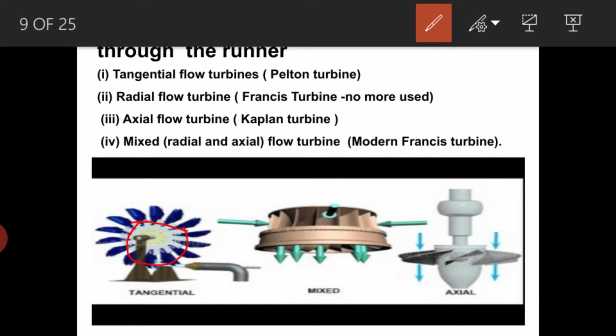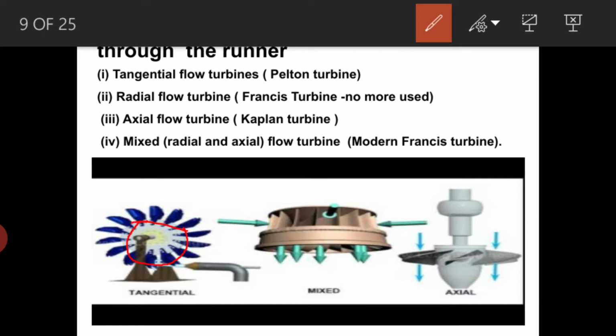And the Pelton wheel is a tangential flow turbine, and in a radial flow turbine water flows in the radial direction. So look at this second figure, water is flowing in a radial direction through the runner. The radial flow turbine may be further classified as inward radial flow turbine and outward radial flow turbine.